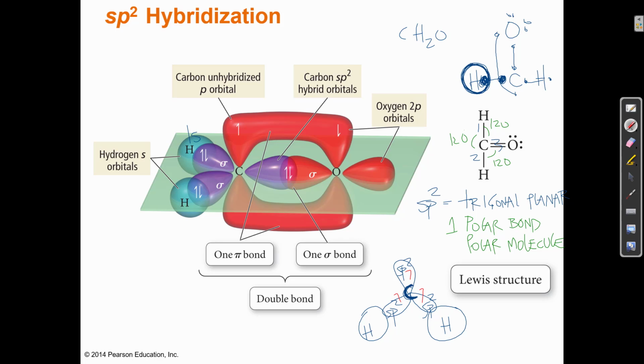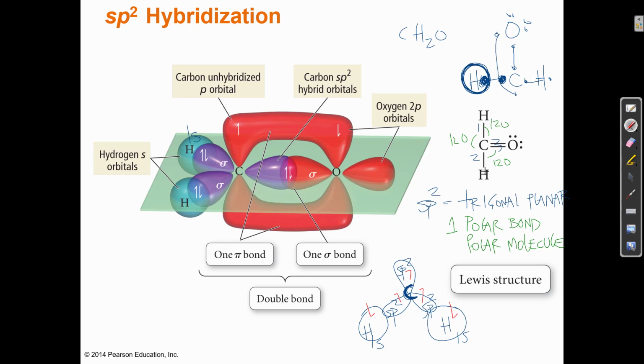These hydrogen electrons are in a 1s orbital. And in order to go into an orbital together, their electrons have to be spin paired. So these will be down spin. Spin up on carbon, spin down on hydrogen. So this bond right here between carbon and hydrogen, that's this bond right here.